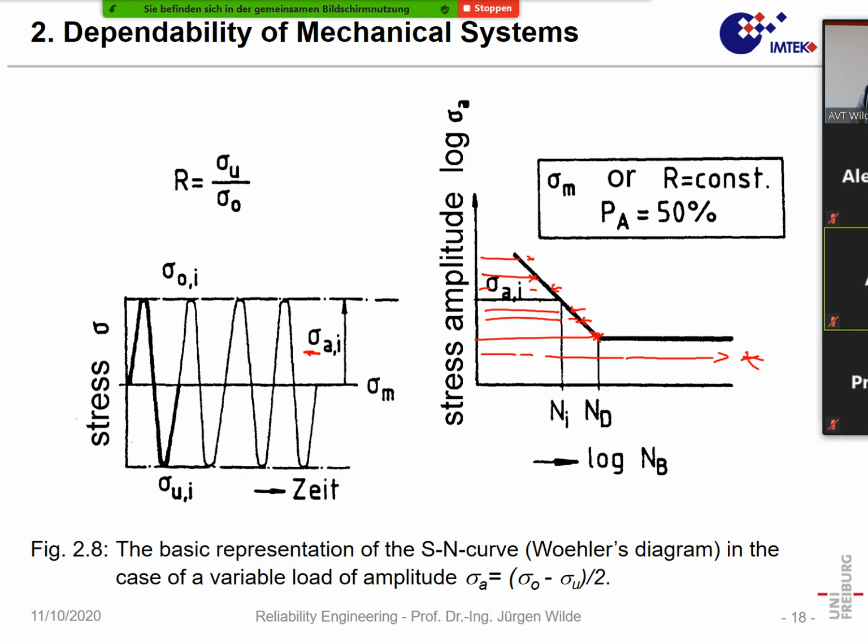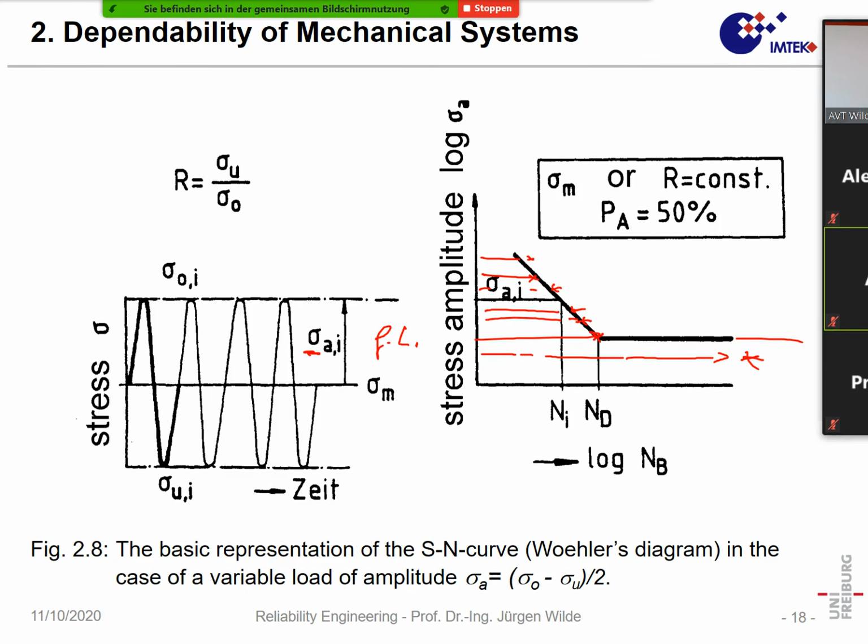And now, when you have such a curve, you have this falling branch of this curve, and then you have the horizontal. And below that fatigue limit, there is in many materials no longer a fatigue process, and so this can live until infinity. Okay, in that way, you can already construct such a curve.